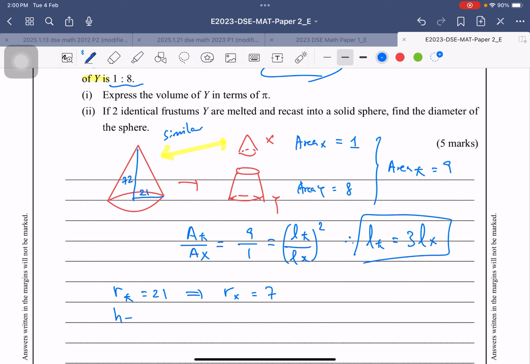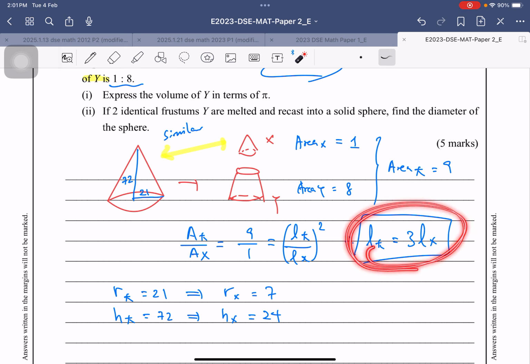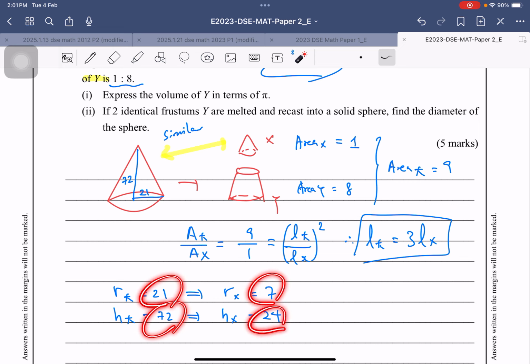And the height of the big one is equal to 72, which means the height of the smaller one is equal to 24, because we have this relationship that any length ratio is 3 to 1. So this is 3 to 1, 3 to 1, isn't it?